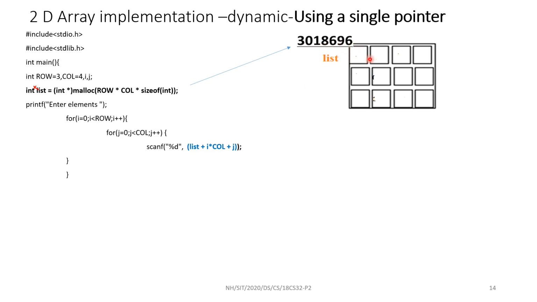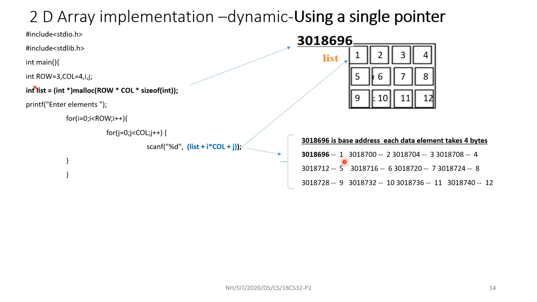That is the base address, and it itself is the address of the first data element. There I am going to read data from the keyboard. That value, say 1.